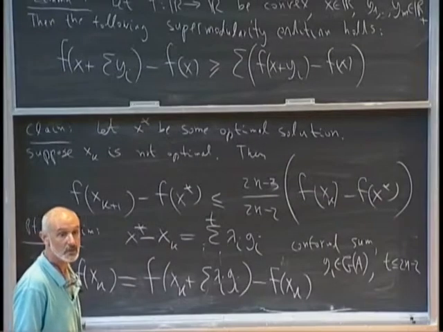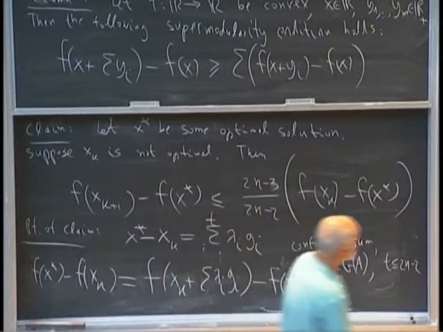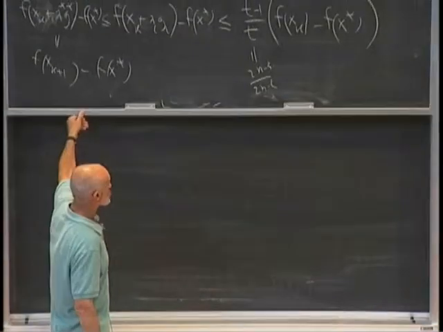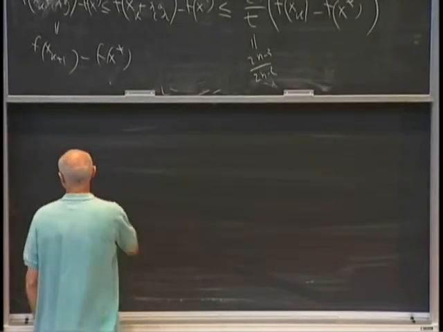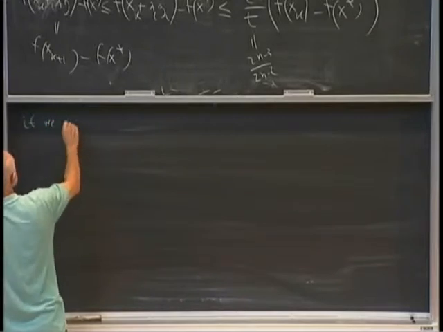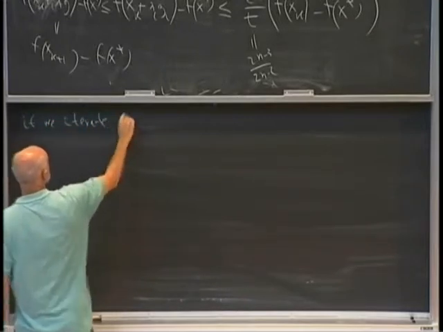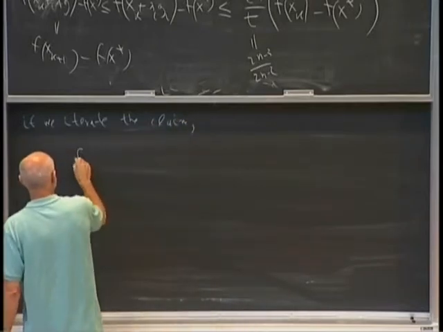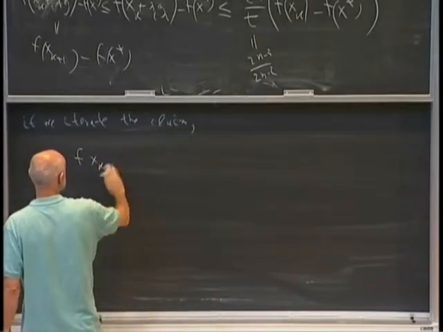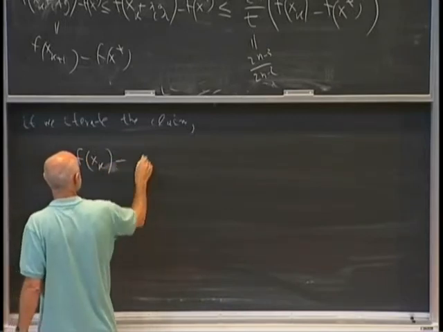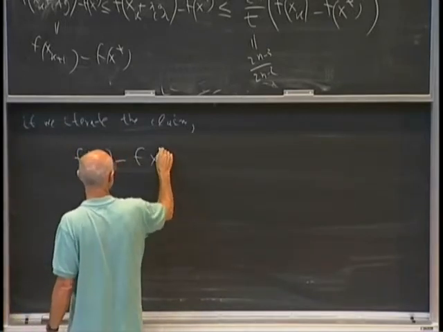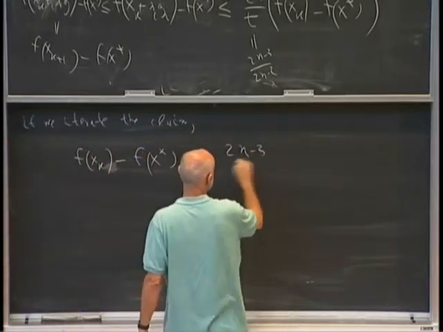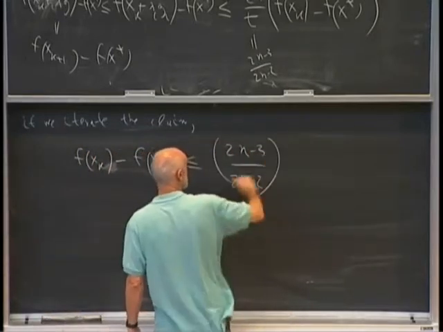Okay, I wasted a little bit too much time on this. So we showed the claim, and if we iterate the claim, we get that f(x_k) minus f(x*) for any point in this sequence is something like this, to the k.